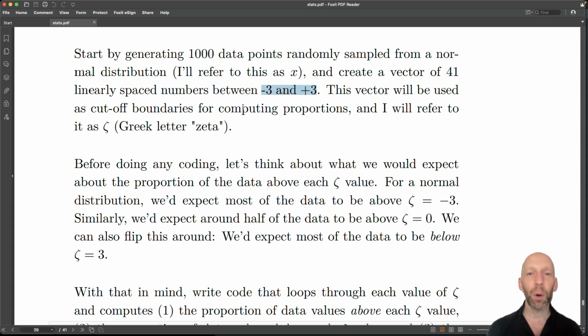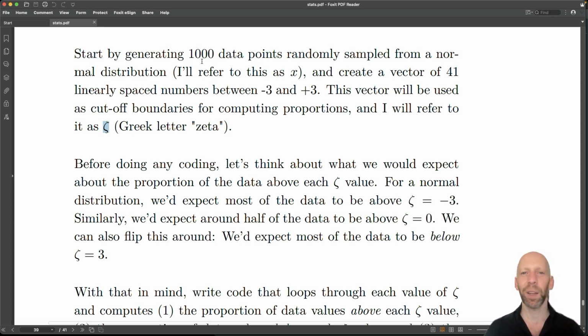And then the goal of this exercise, I'll get into the details in a moment, but essentially the goal is to compute the probability, the number of data values that are above and below certain values of zeta. So let's think about this. When zeta equals -3, what do we expect? How many of these data values do we expect to be below -3 and above -3?